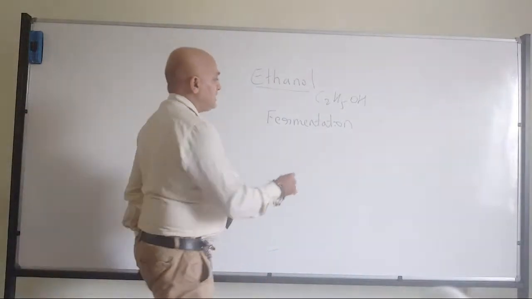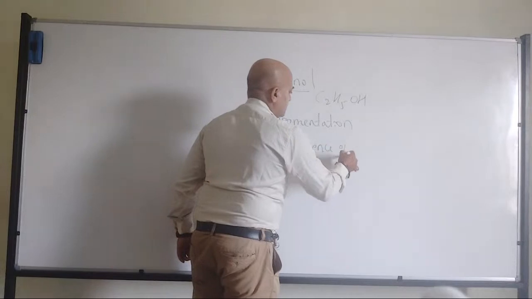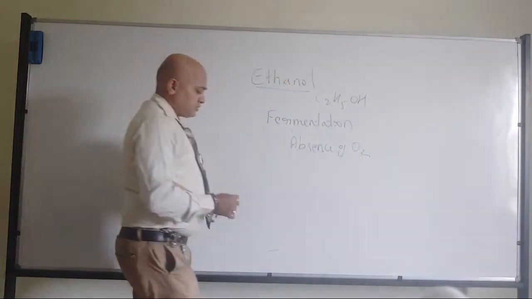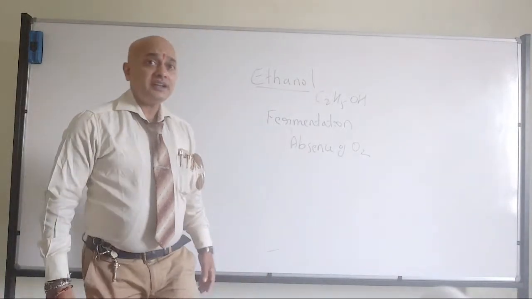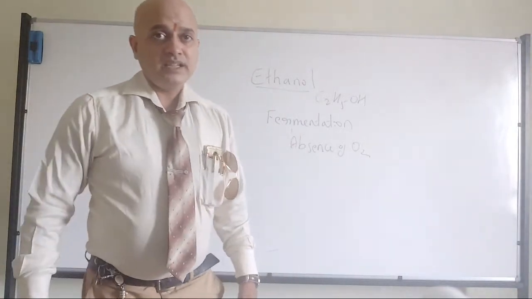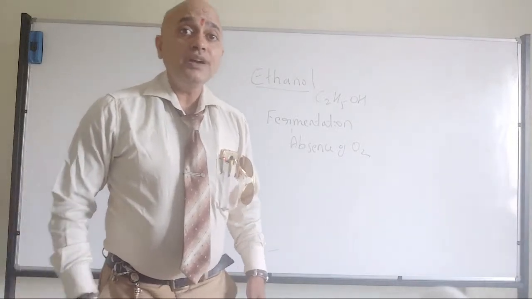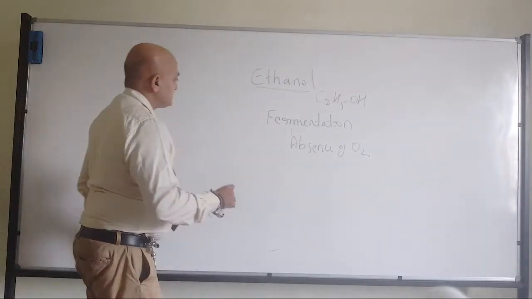There should not be any oxygen. So in the absence of oxygen, they will make glucose get catabolized or degraded. Biologically, if you want to tell, catabolized. Which will get converted into ethanol. Right? See, it's a simple process.